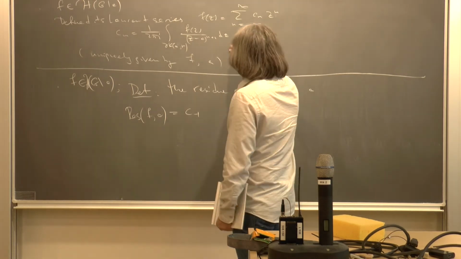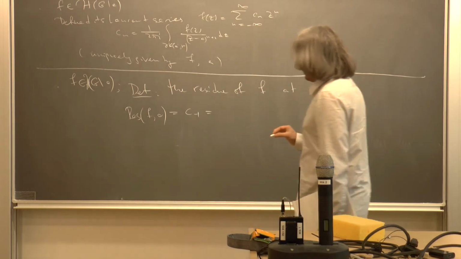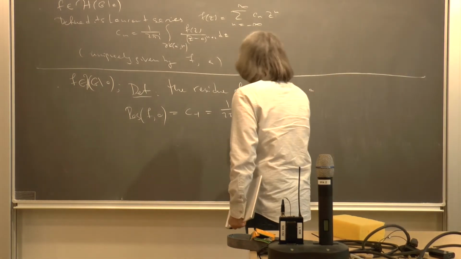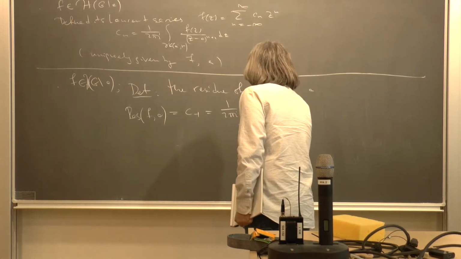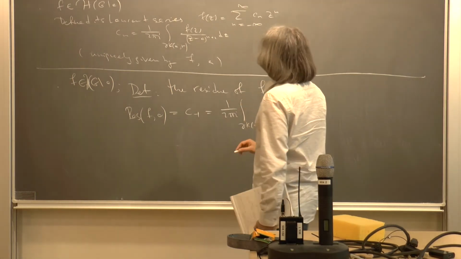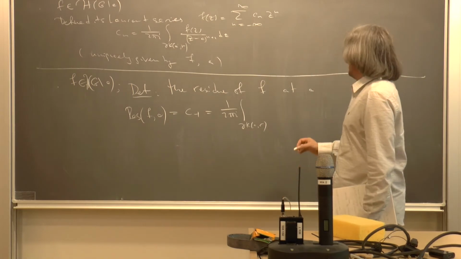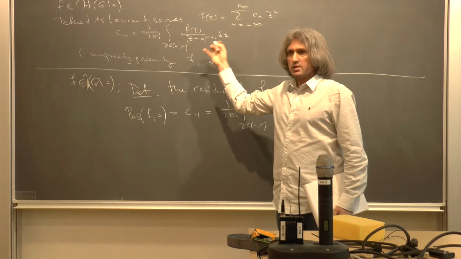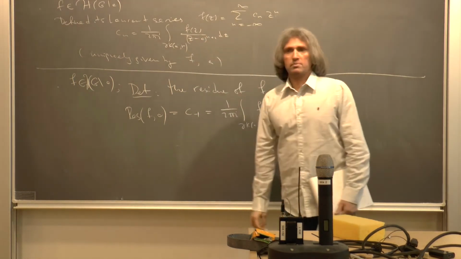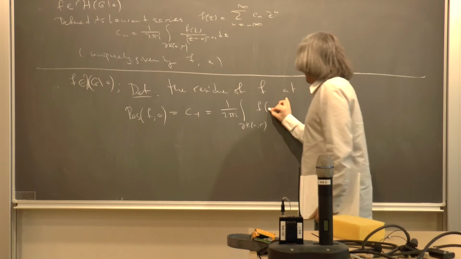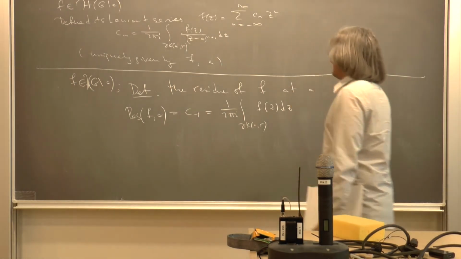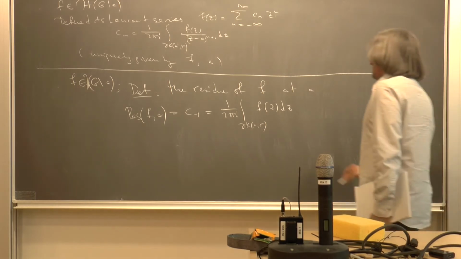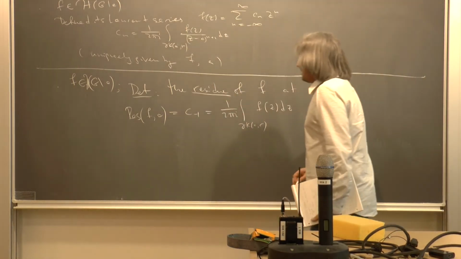Since we already have this Cauchy type formula, this is 1 over 2 pi i times the integral over a small circle of f of z dz. If you substitute minus 1 here, there's nothing in the denominator, since minus 1 plus 1 is 0.